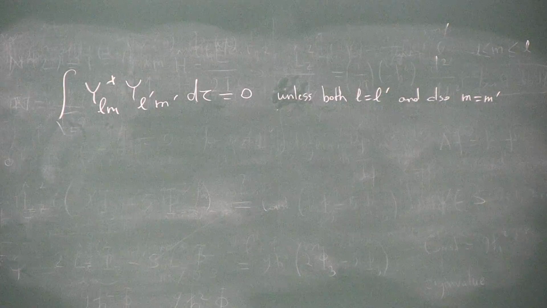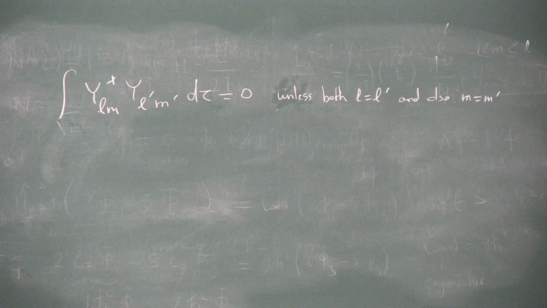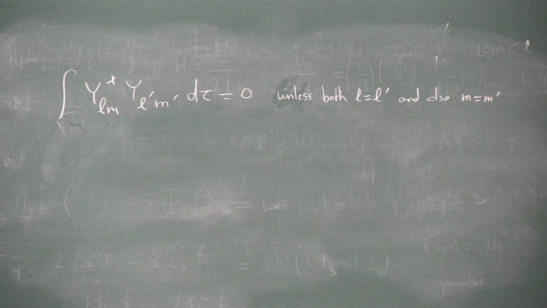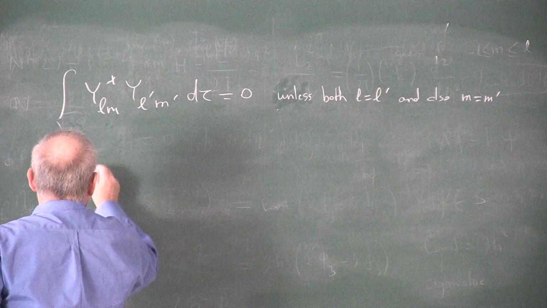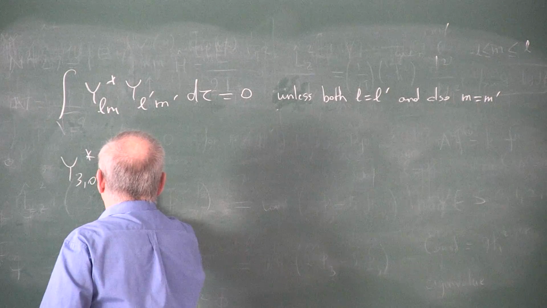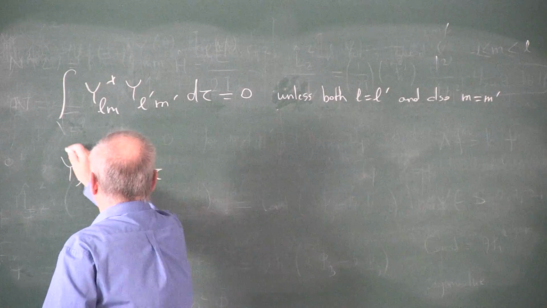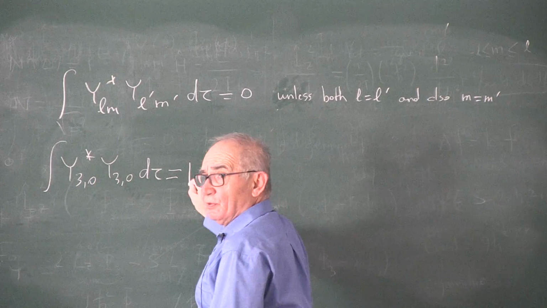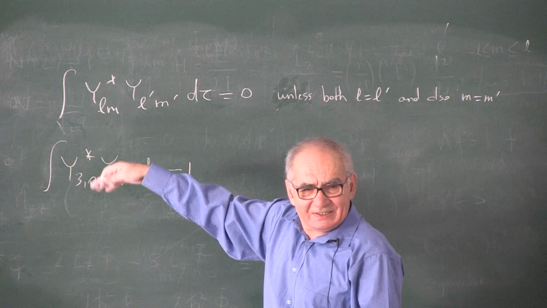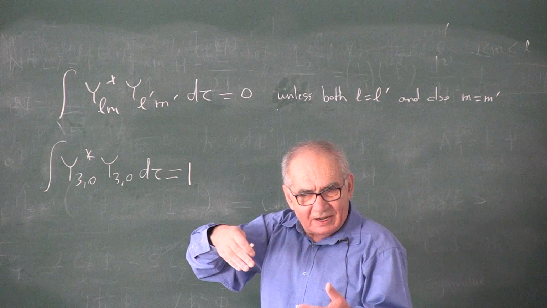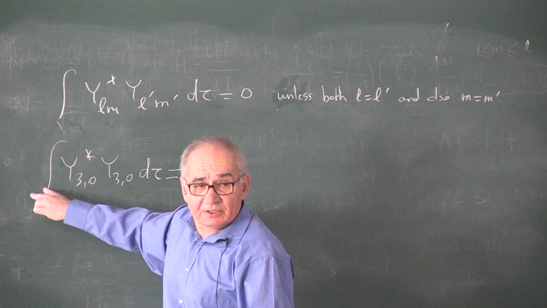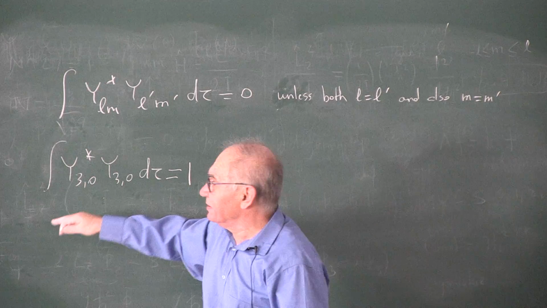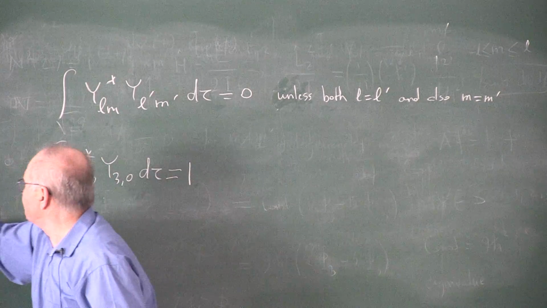When you expand them, only the same functions are contained. Yes, like y3 0 times y3 0 d tau. The value of this integral is 1 because the standard spherical harmonics are already normalized. This is one of the non-zero integrals. Another non-zero integral is this times this.